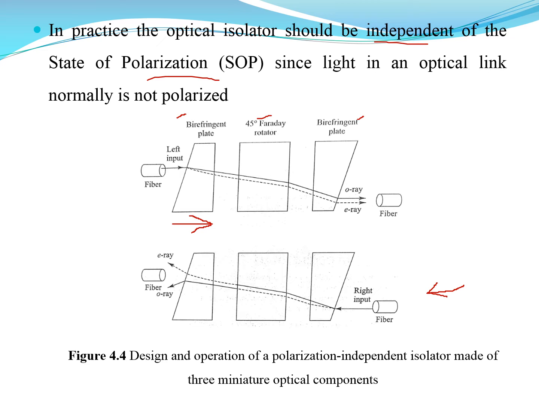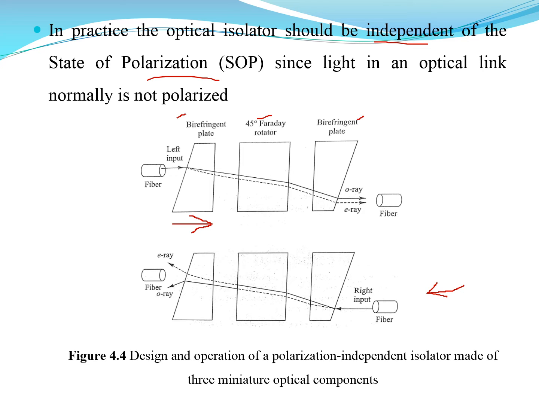So again the light gets passed to the birefringent plate. Again the light gets split into two different components, and it is again passed through a 45-degree Faraday rotator, and at the second birefringent plate the light is separated again as ordinary and extraordinary ray.